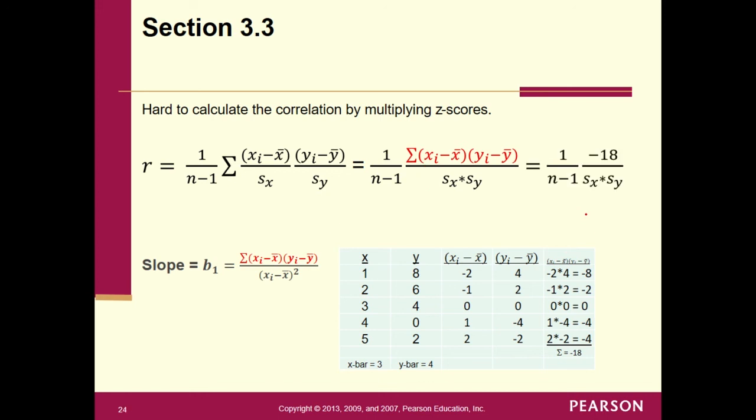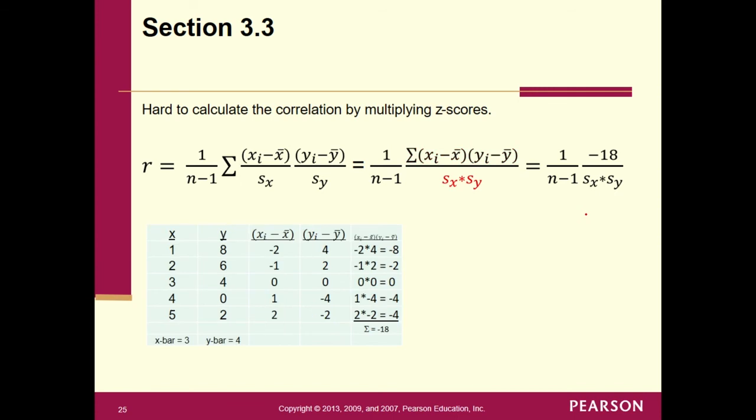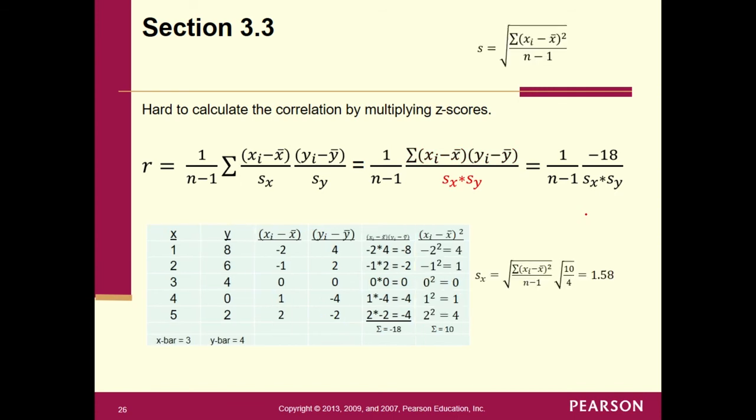Okay, what about the denominator then? So we have the sample standard deviation for x, sample standard deviation for y. That should be easy actually based upon what we already have here in our data table. I'm just going to move it over. Here's the sample standard deviation formula up here, okay?